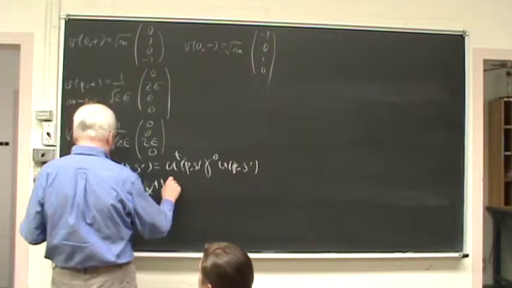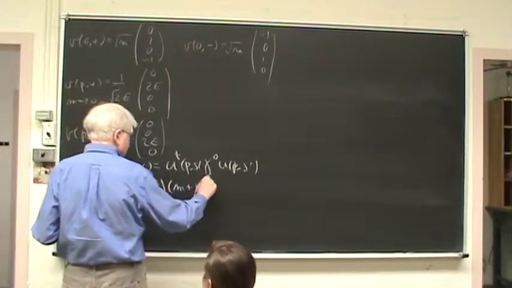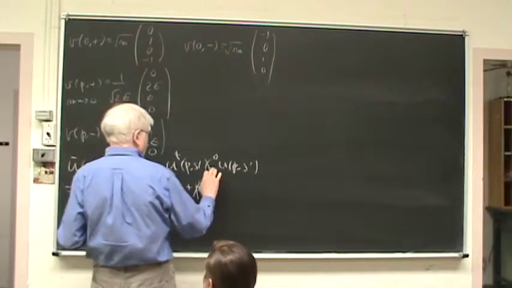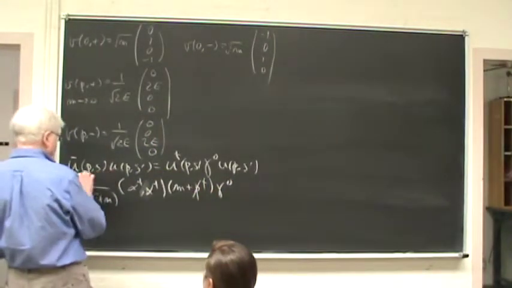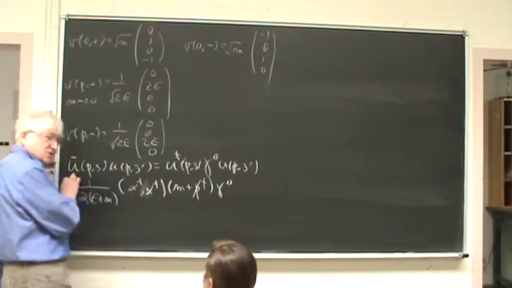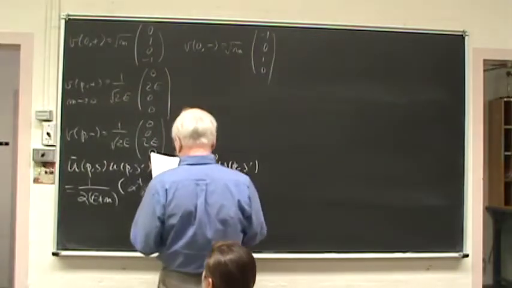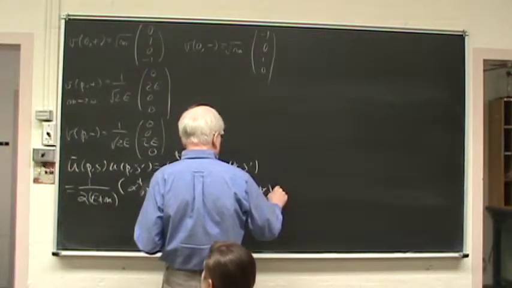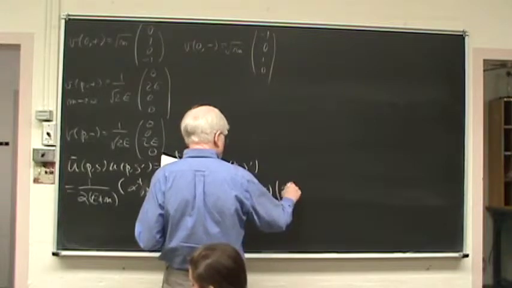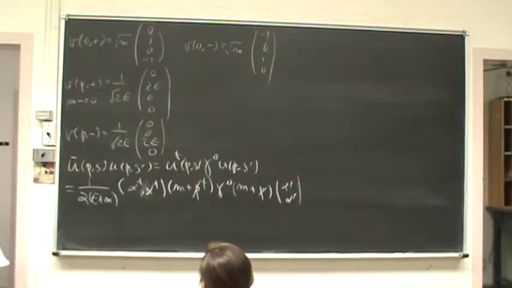And then this thing is m plus p slash dagger, and then there's a gamma 0. The gamma 0, of course, is because u bar, by definition, is u dagger gamma 0. And we then have m plus p slash, and then we have alpha prime, the prime meaning that it's s prime as opposed to s.